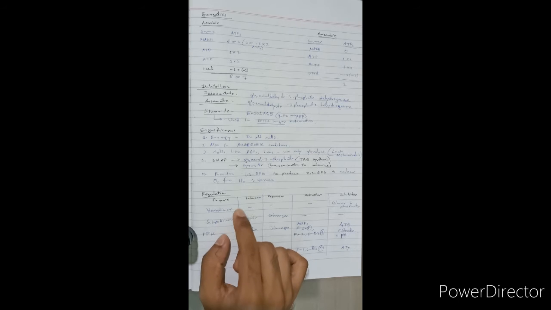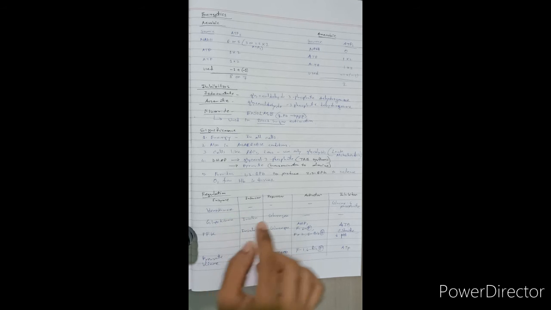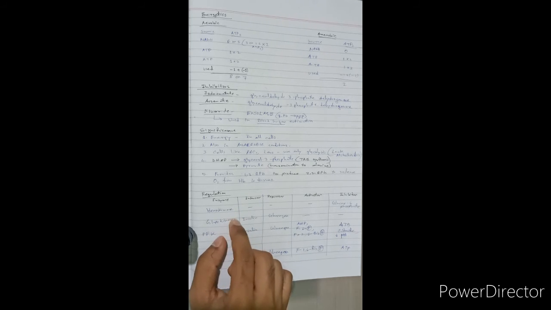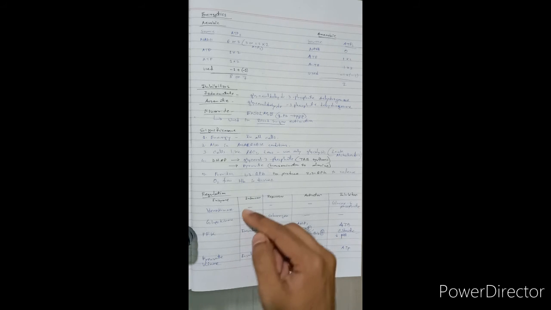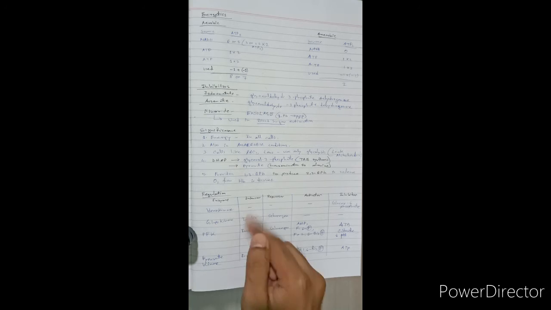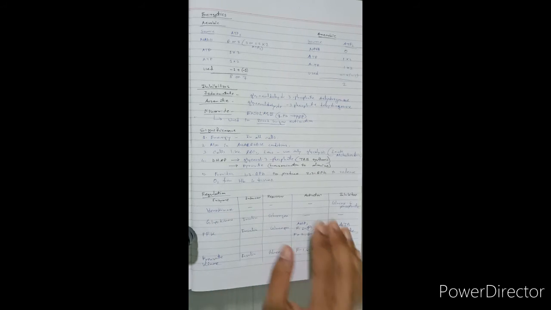Glucokinase has a constant and lower affinity. It is present only in the liver and mainly for storage, for glycogen synthesis. It functions when there is excess glucose in the blood, and the inducer for glycolysis is insulin in all cases except hexokinase, and the repressor of glycolysis is glucagon.